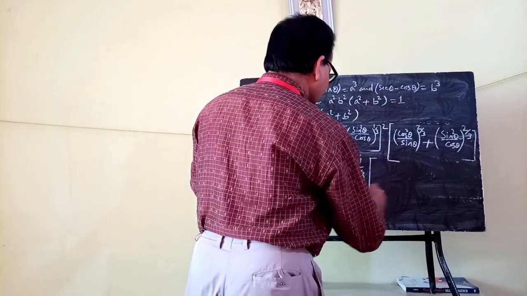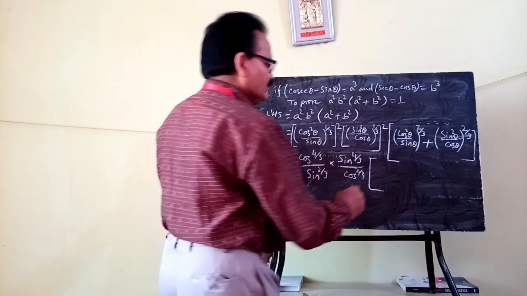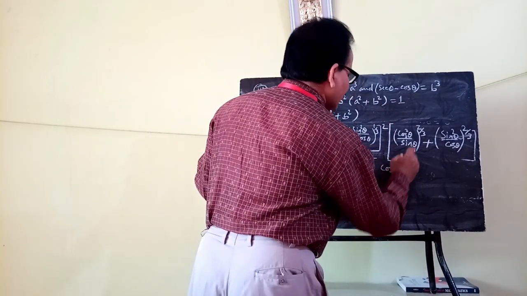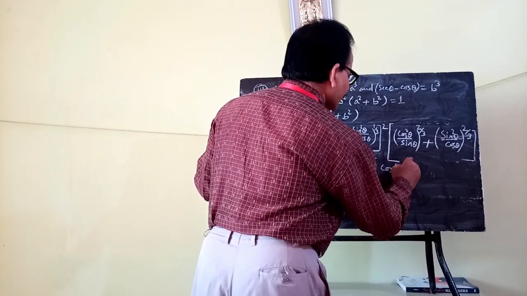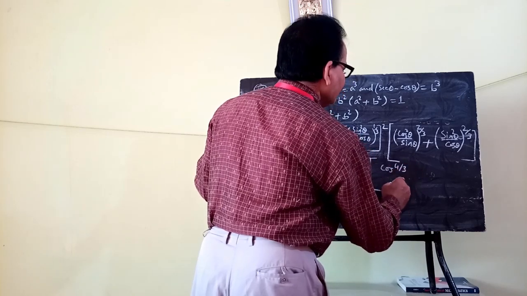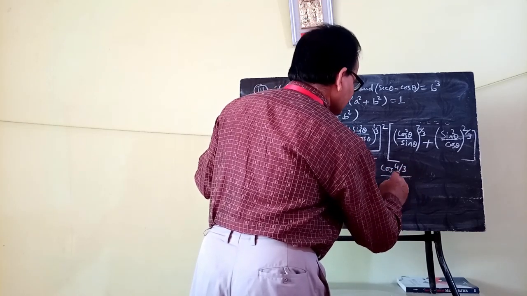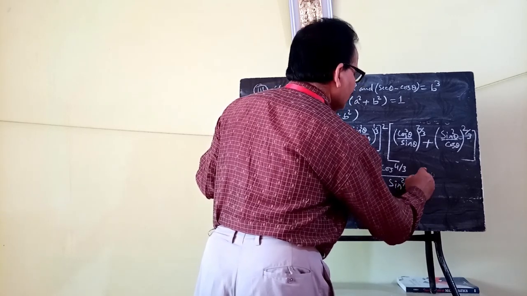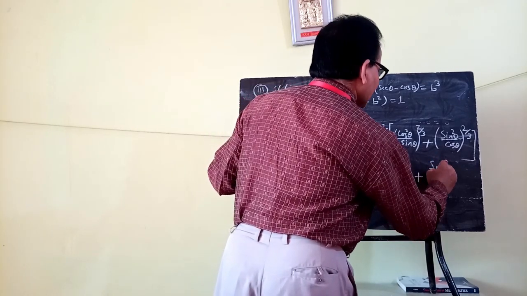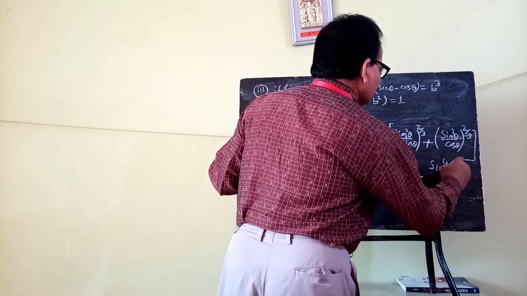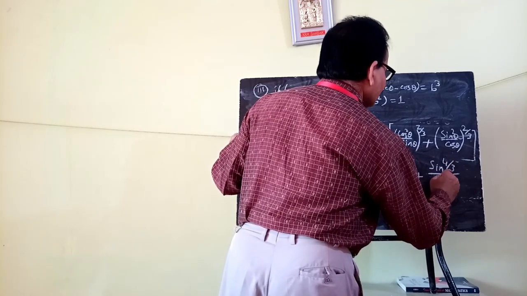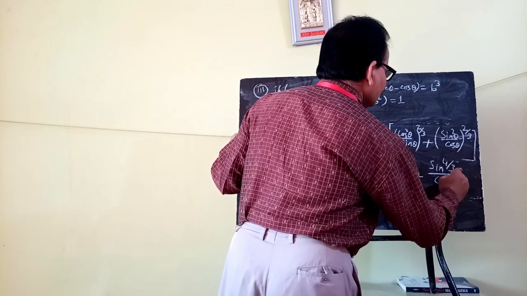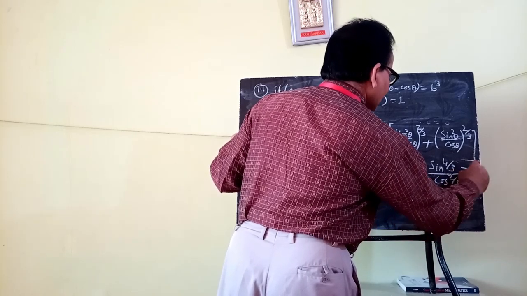Similarly in the bracket also, this is cos to the power 4 by 3, and in the denominator sin to the power 2 by 3 plus sin to the power 4 by 3 by cos to the power 2 by 3. Bracket is closed now.